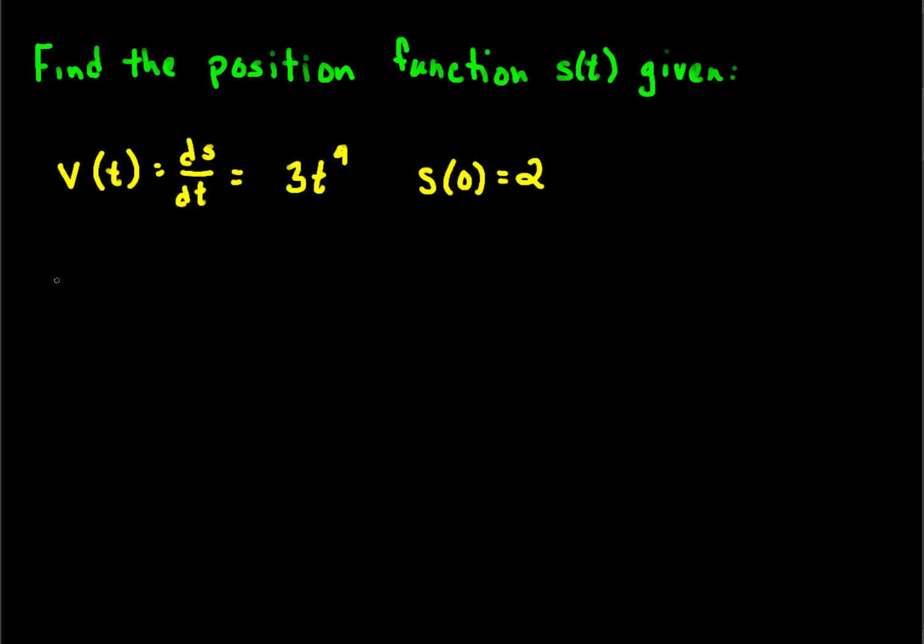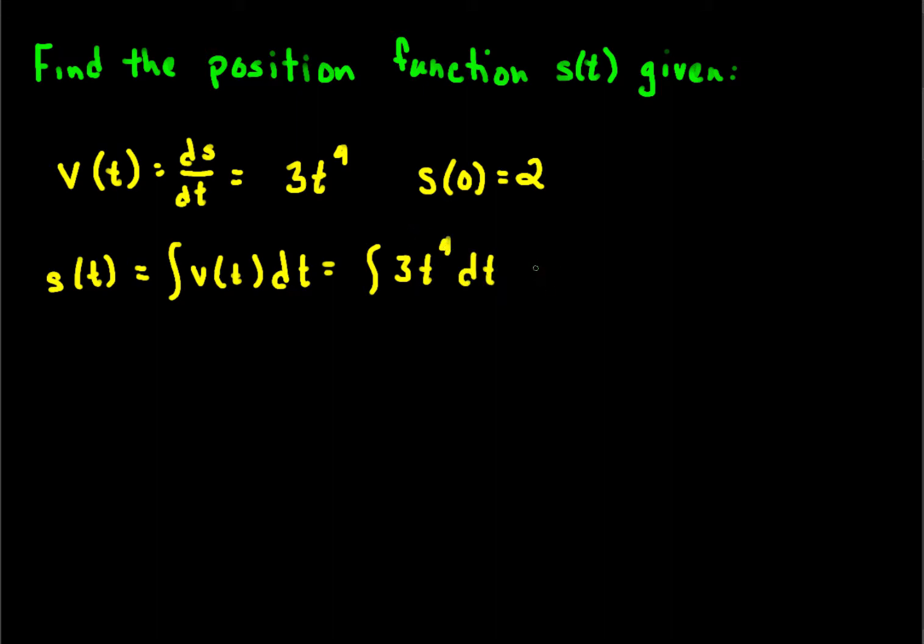Well, then s of t is the indefinite integral, or the antiderivative of velocity, which in our case is the antiderivative of 3t to the fourth dt.